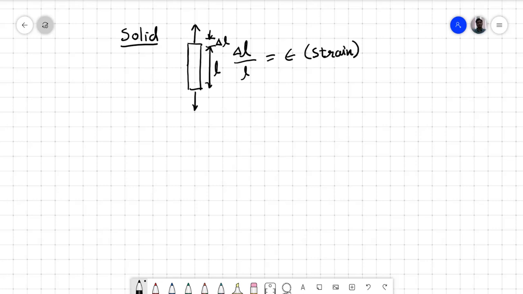This strain varies as you extend the rod. After a point, this rod breaks down.